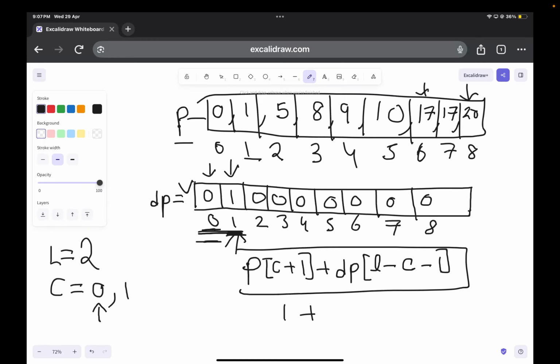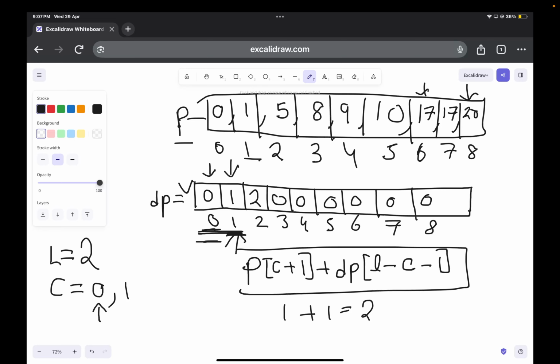What is dp of 1? dp of 1 is 1. Ultimately it is 2. So here you will put 2. Clear?